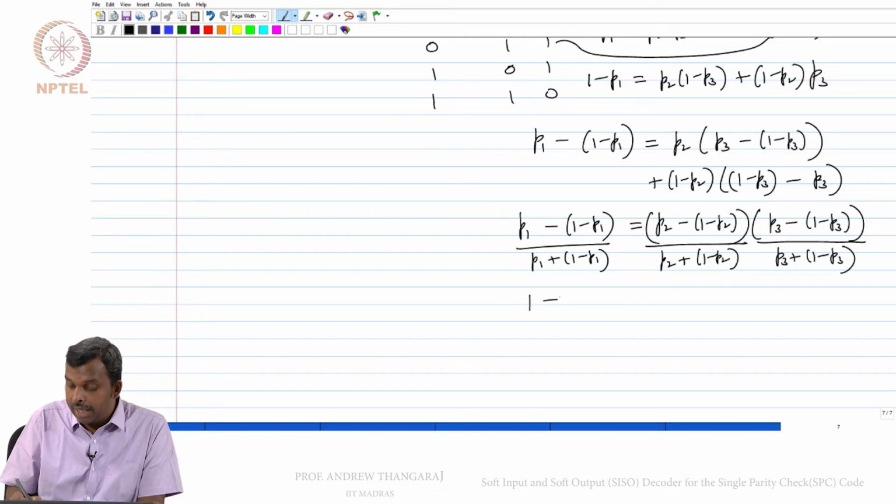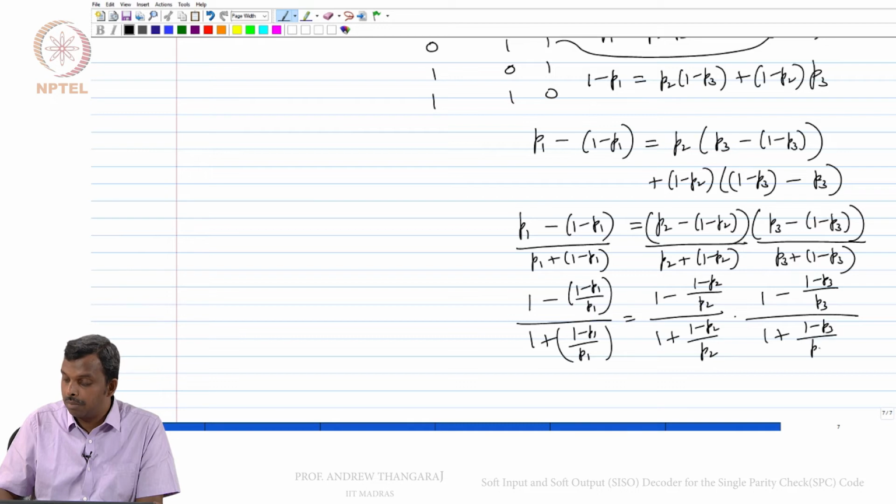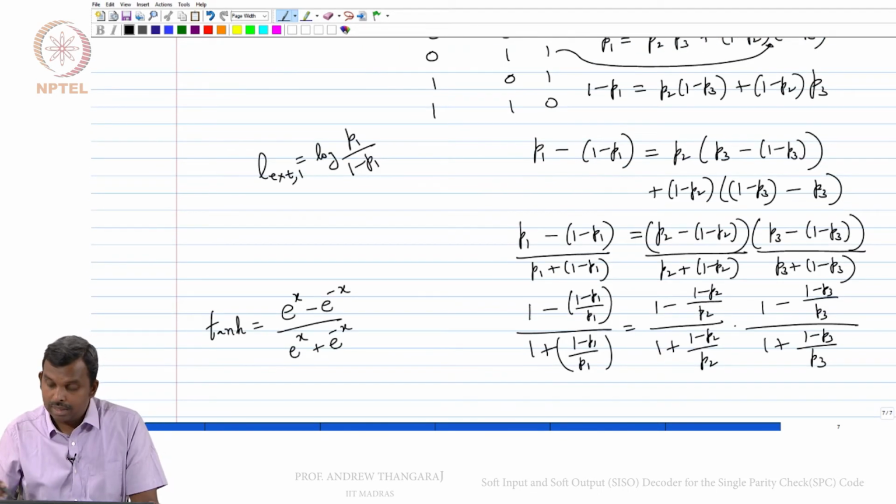So, you will get here 1 minus P1 by P1 by 1 plus 1 minus P1 by P1. These are all just algebraic tricks, but nevertheless it plays an important role in the implementation. You will see how it works. 1 plus 1 minus P2 by P2, 1 minus 1 minus P3 by P3 by 1 plus 1 minus P3 by P3. Okay, so this is the expression I have.